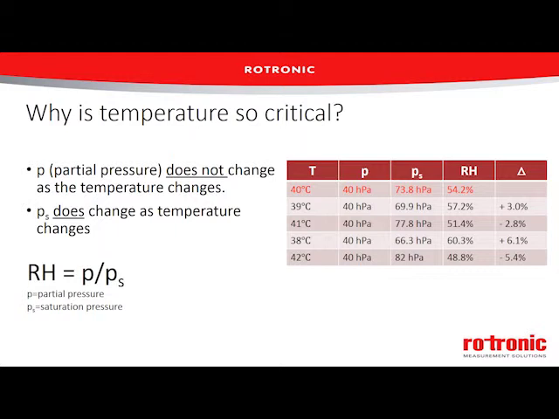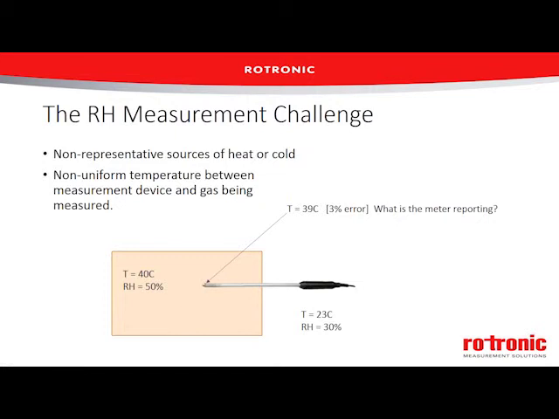One example that I've run into many times with customers and users of humidity instruments: they'll want to measure something in a chamber and they'll have a probe to go into that chamber, but they still see an error in their readings. They're not getting what they expect based on the set points.